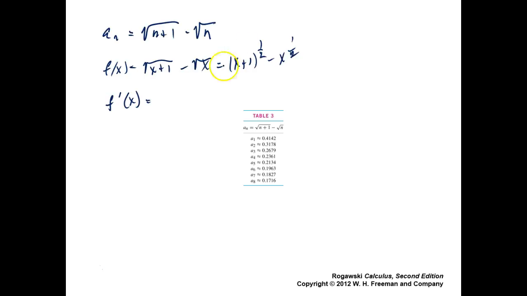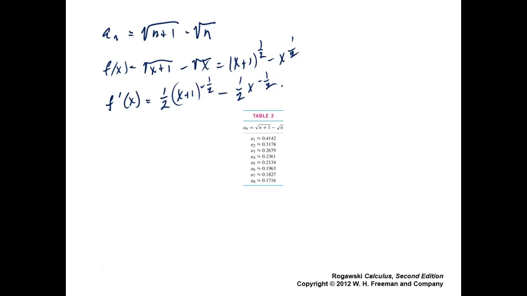Okay. Now what would that be? Just like we did before. 1/2 times x plus 1 to the minus 1/2, minus 1/2 times x to the minus 1/2.